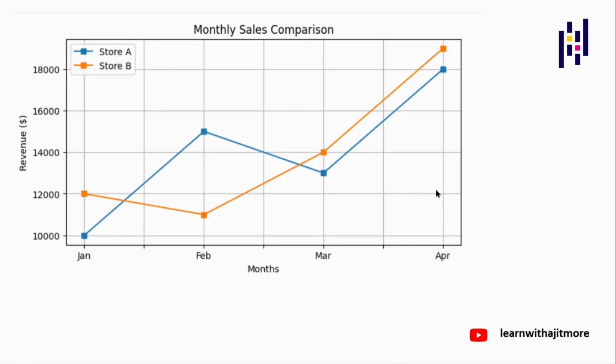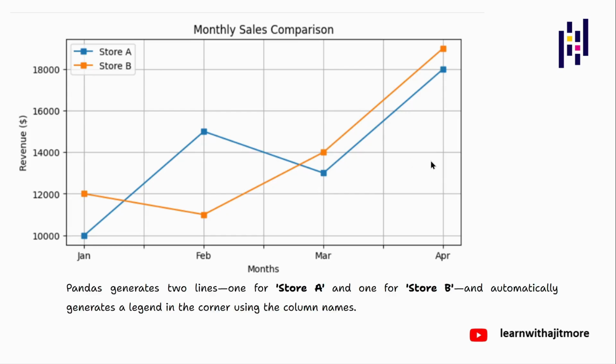Okay. See the output. As we took only two stores, here we are getting this. In this graph also, can you see that store B after March and April is doing better than store A. It has gone ahead of store A in both months. So this way the analysis is done. Okay.